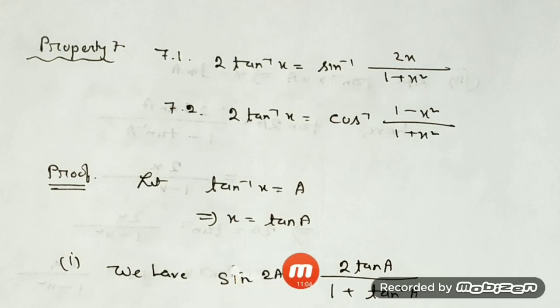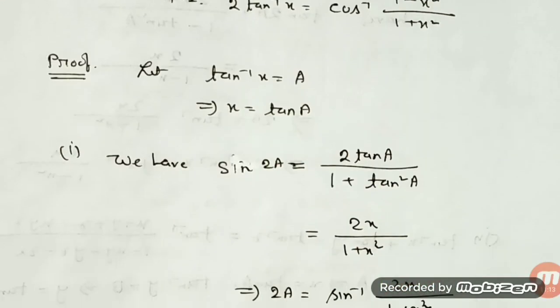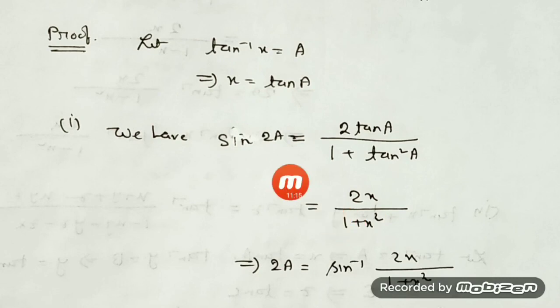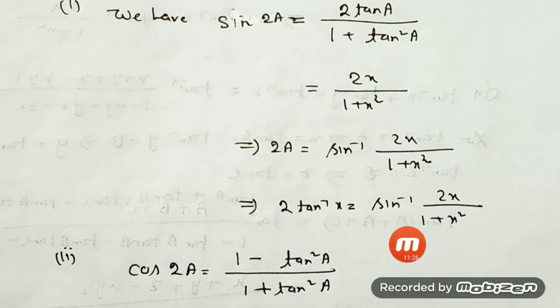That is equal to what? 2 tan A by 1 plus tan square A. Put the values of tan A, that is x, 2x by 1 plus x square. Keep it on the left side, bring sine to the right side, it becomes sine inverse. And then replace A by what? Tan inverse of x. So you have proved the result.